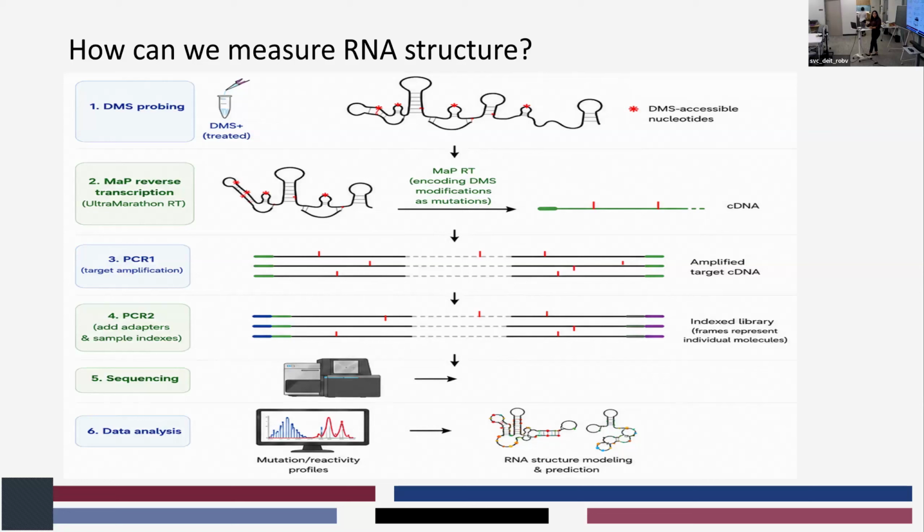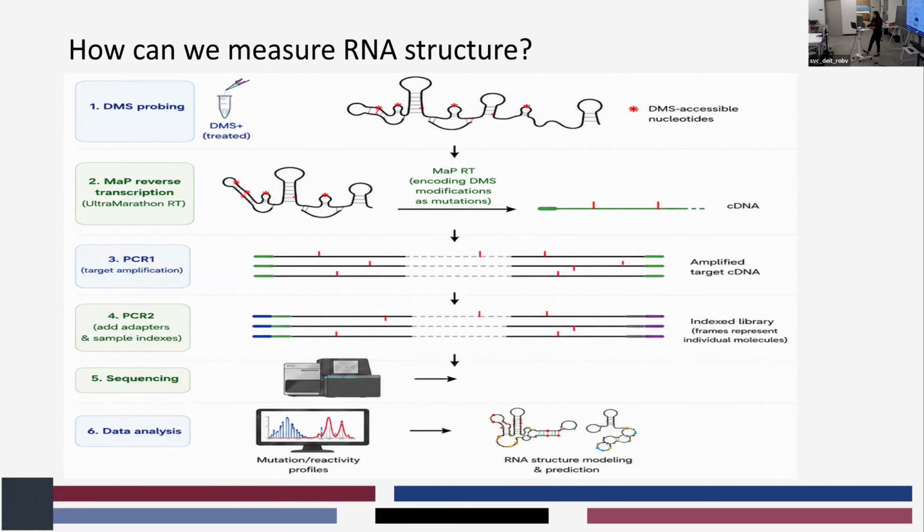The cDNA is then amplified using two-step PCR. PCR stands for polymerase chain reaction, a method used to make many copies of the cDNA.